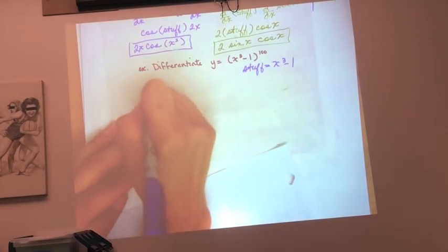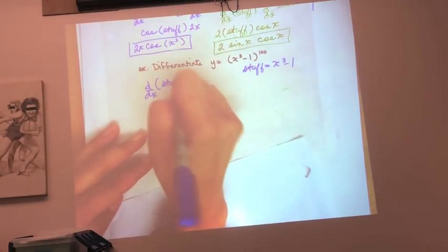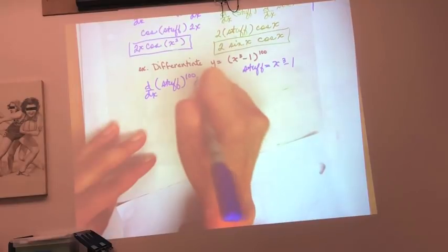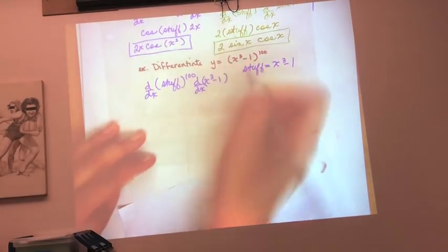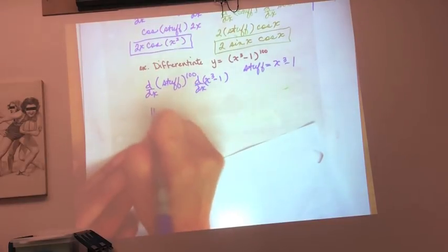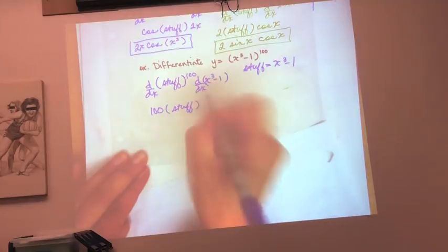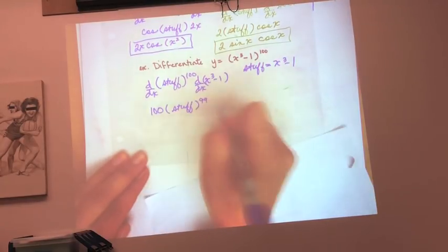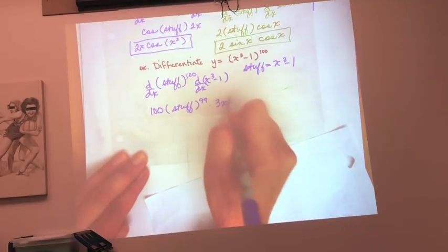And so I have d/dx of my outer, and then I'm going to derive my inner. Okay, so my outer, I'm going to move 100 to the front, and then have my stuff be the same, and then this is 99, and then derive x cubed minus 1, so that's 3x squared.